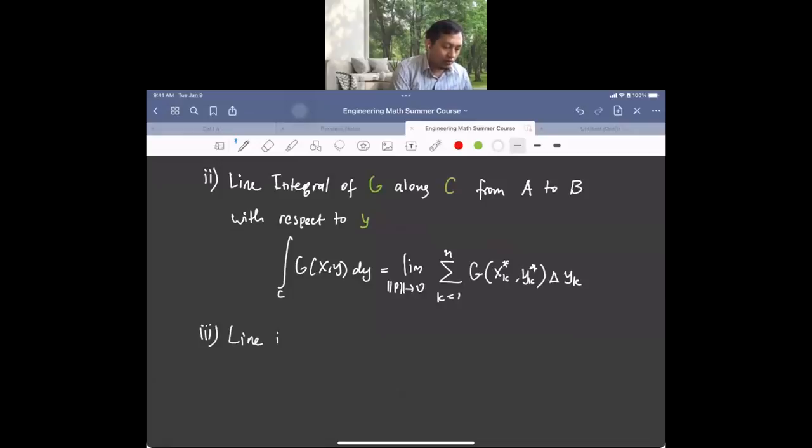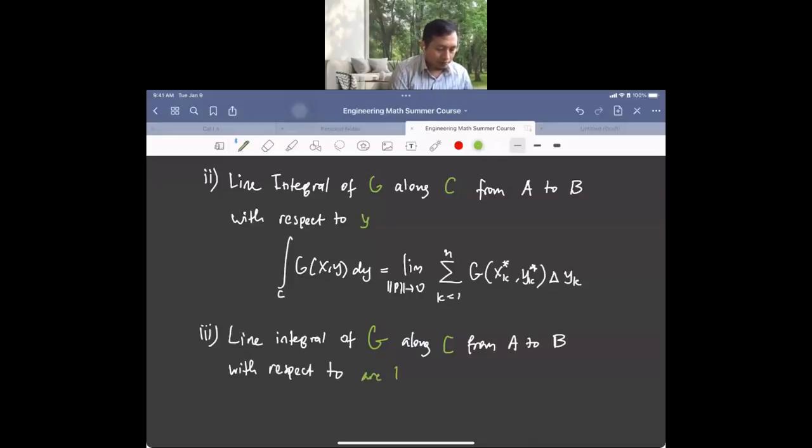And in the third case, we can also write this line integral like we wrote before using the arc length, with respect to arc length.